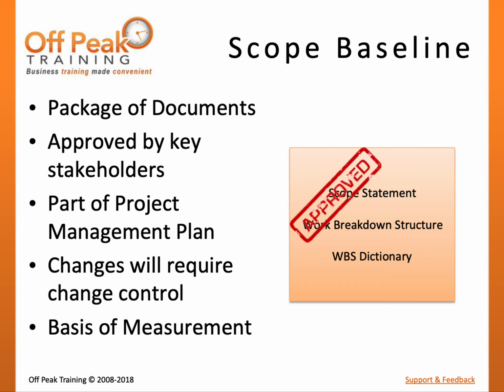This involves having key stakeholders such as the project manager, technical lead, sponsor, customer representatives, or others review this package of documents and agree that it represents all of the work that should be accomplished and only the work that should be accomplished. It is likely that there will be some last-minute adjustments and compromises. However, once stakeholders give their final approval, the package of documents can be referred to as a scope baseline.